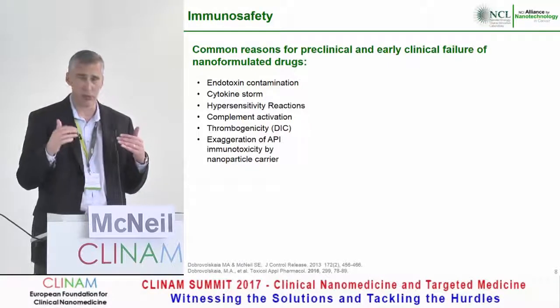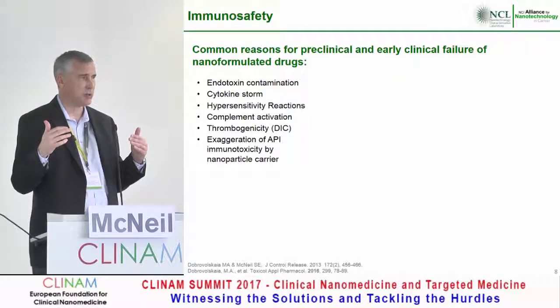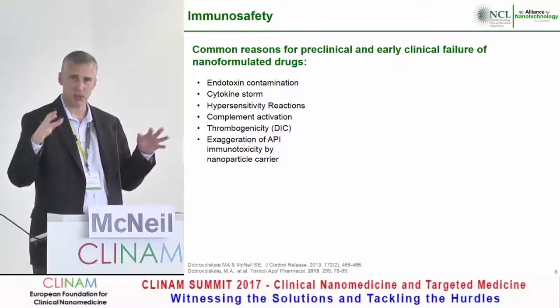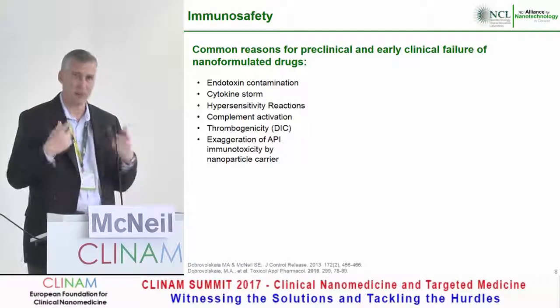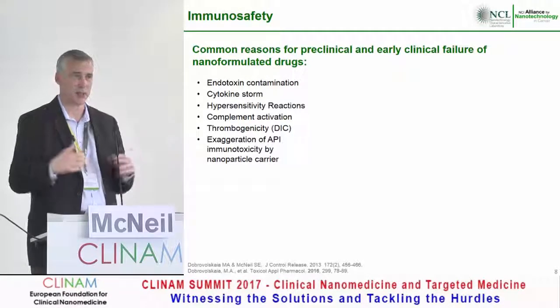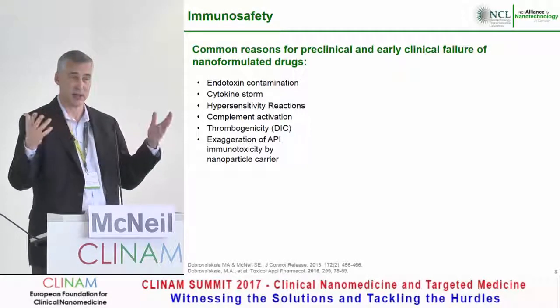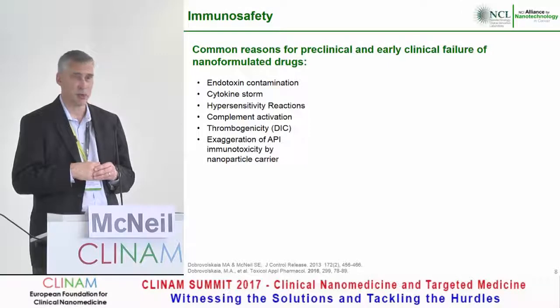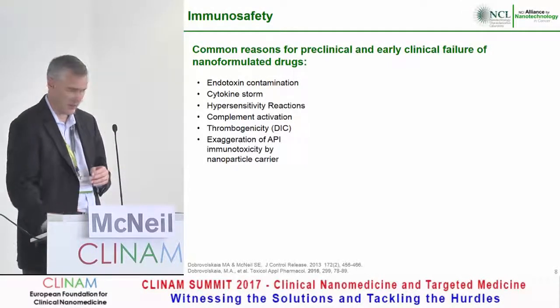But what we've seen is that a nanoparticle gives you a greater than additive response because it uses another pathway for internalization that causes an amplification of that cytokine storm. So even though you're within tolerance, you can see things like a cytokine storm where the animals will die on you. They're due to hypersensitivity.